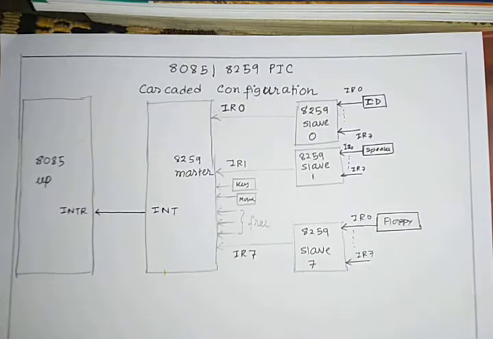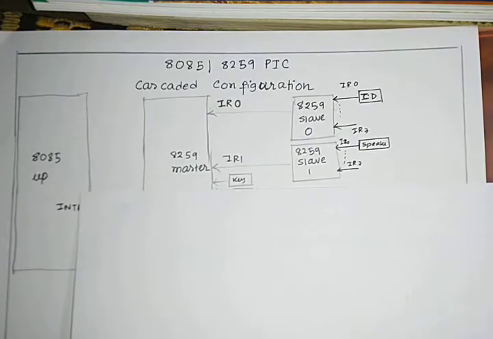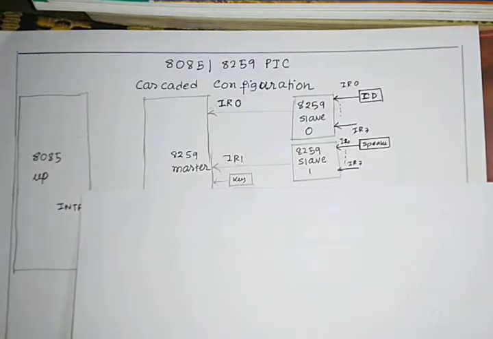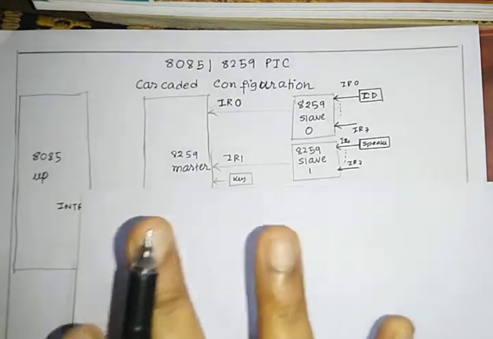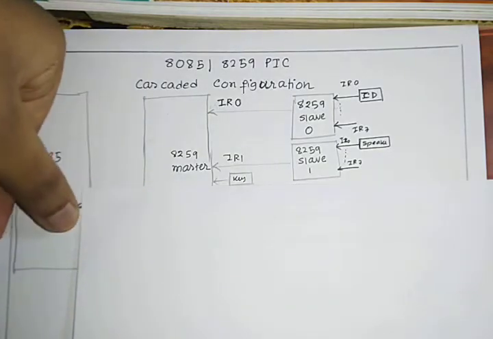So for that, first, as a programmer, our first task is to initialize the chip. In this case, there is a master and there is a slave. A programmer must initialize everyone, whether it is a master or a slave. What do I mean by initializing?